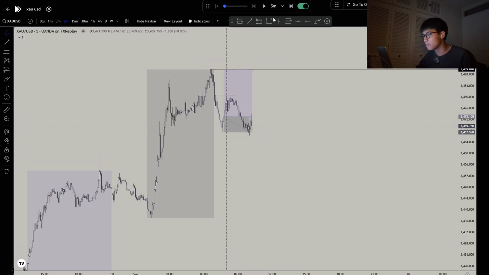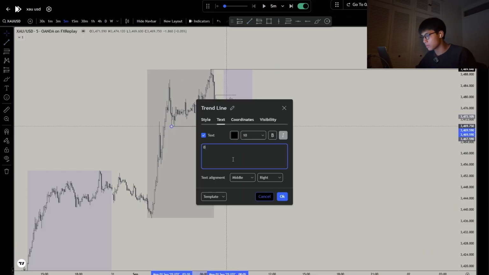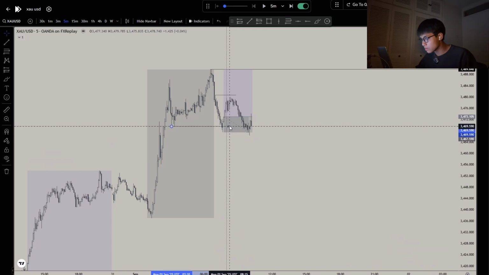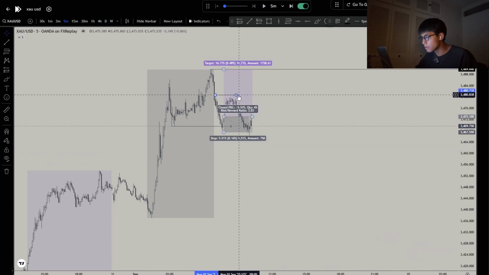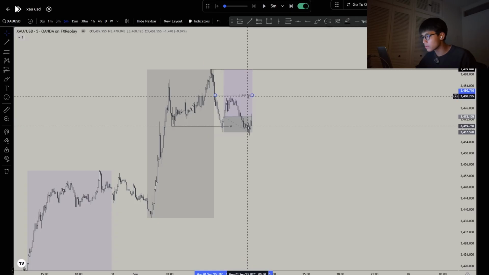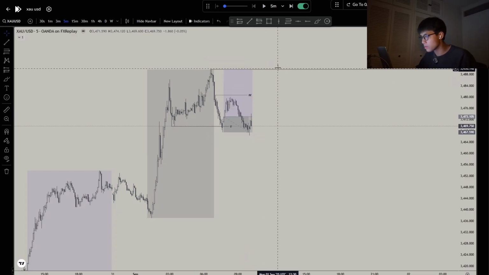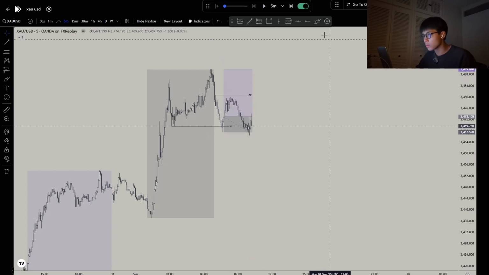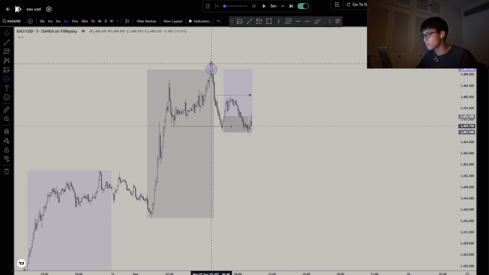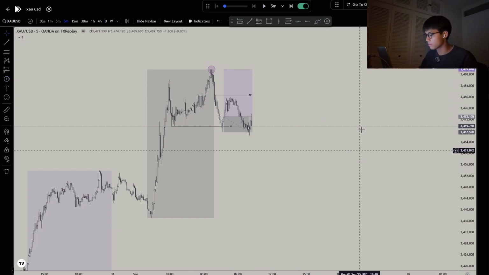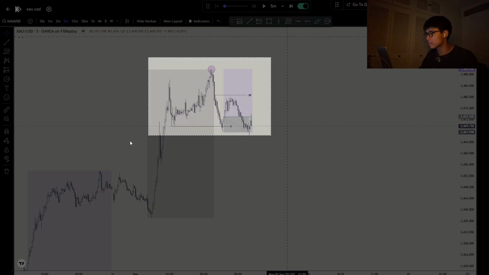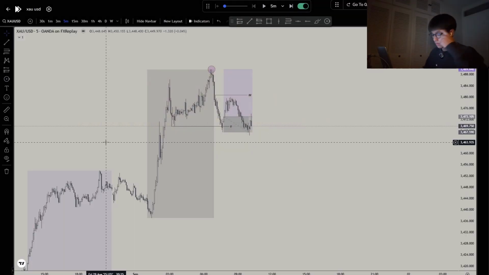Okay, so the no close sweep was this over here, break even over here. Target Asia high. Oh my days.